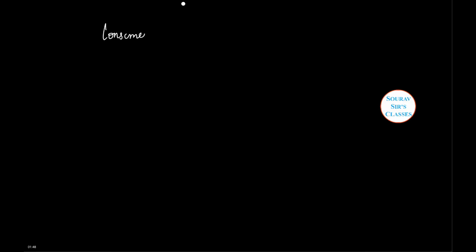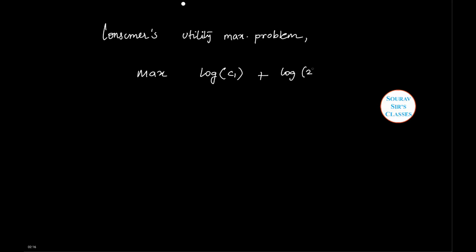So the consumer utility maximization problem is given by: maximize, it takes the log form, so we are rewriting it, log C1 plus log C2 divided by 1 plus the discount factor, with respect to C1, C2, both greater than or equal to 0, subject to C1 plus C2 by 1 plus R, where R is the interest rate, is equal to W.